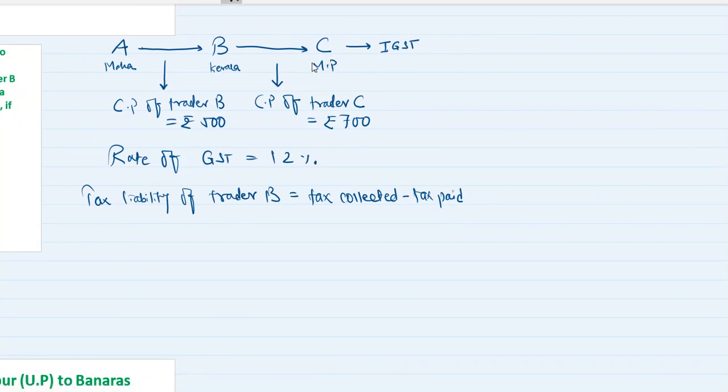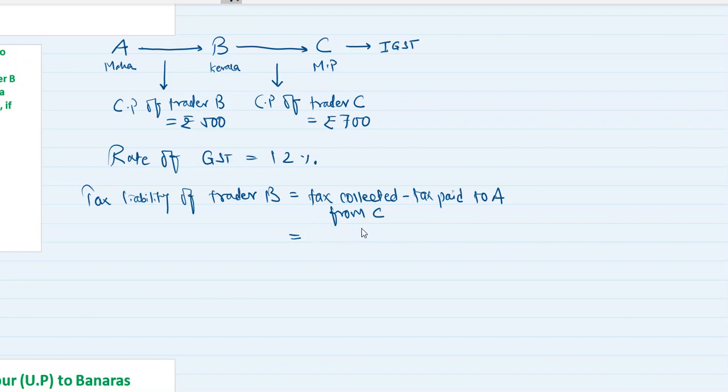End user is C. Not in the real sense, because C is also a trader and is going to sell it further, but in this link of the commercial chain, the end user is C. So tax is collected from C and tax is paid to A. How much tax is collected from C? What price is C buying the goods or services from trader B? Trader C is buying from trader B at rupees 700.